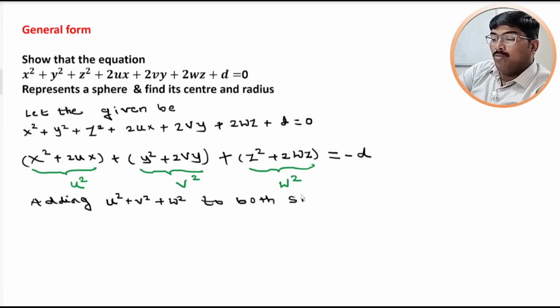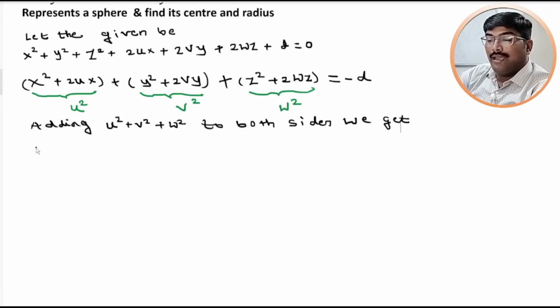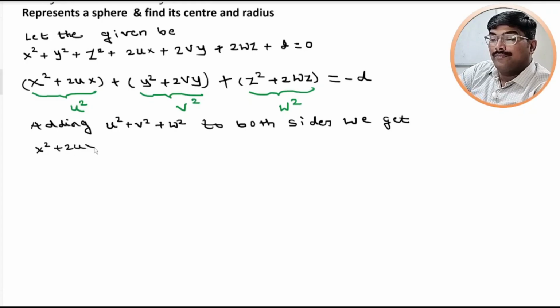We get x square plus 2ux plus u square on adding u square.